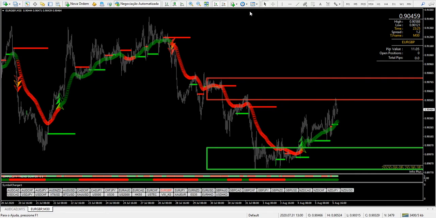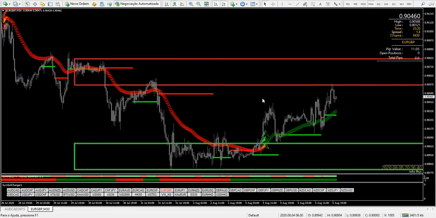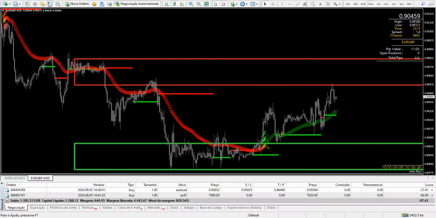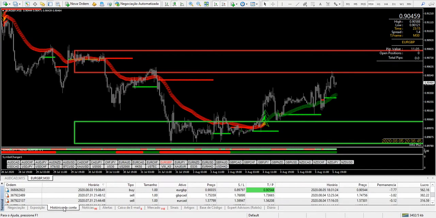Look at how it touched this area, which was my take profit area, and guess what, I took the profit. Look at this Euro GBP. That's my lot size. Take profit hit. $562.16 on my wallet.